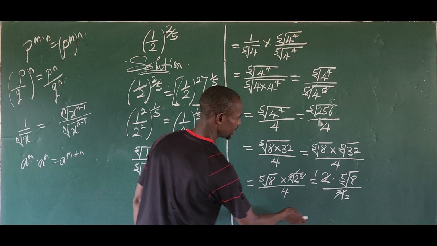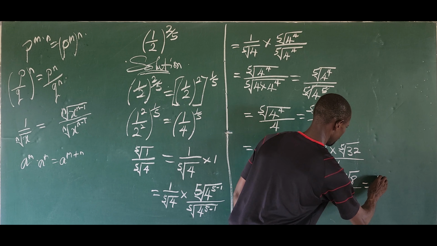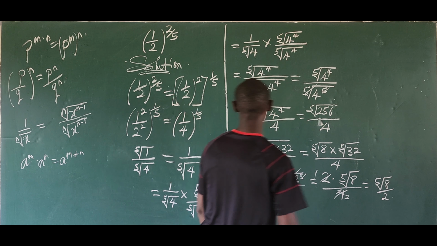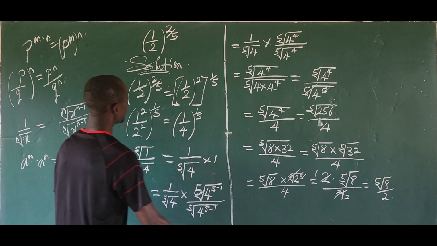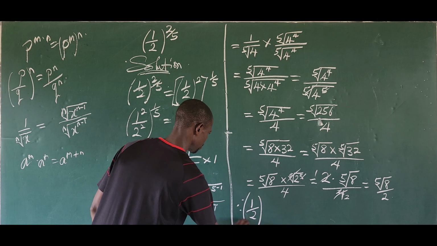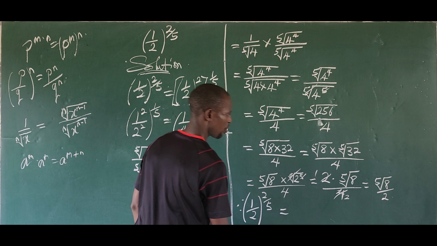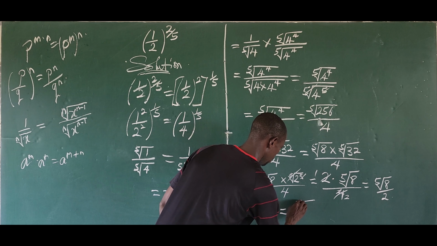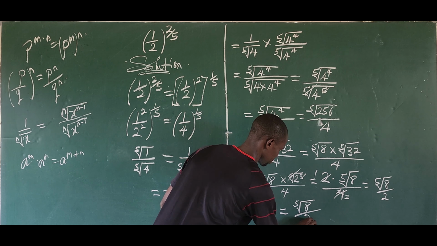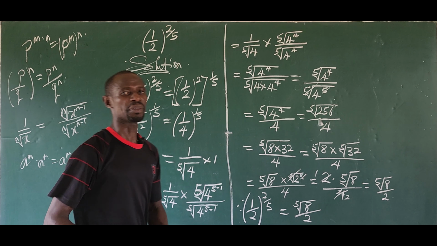So we end up having the fifth root of 8 all over 2. Therefore we can conclude by saying that 1 over 2, all raised to the power of 2 over 5, is equal to the fifth root of 8 all over 2. So this is the simplest form we can simplify this to.